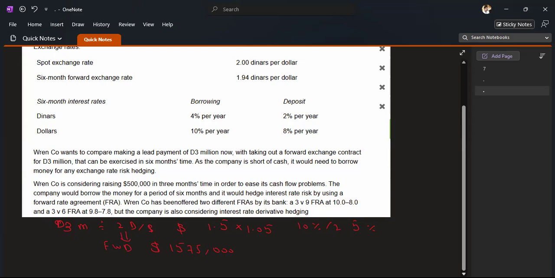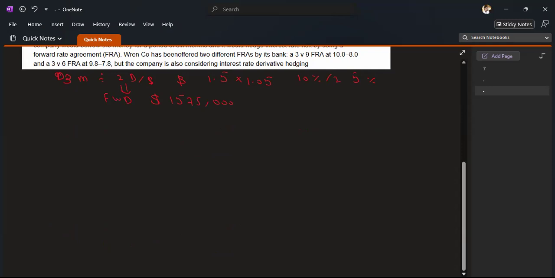Now, what was the spot rate? If you lead payment, lead means if you want to pay now. The forward rate available was, we have D3 million and the forward rate was 1.94 dinar per dollar. So how much are we getting in dollars? 1,546,932.